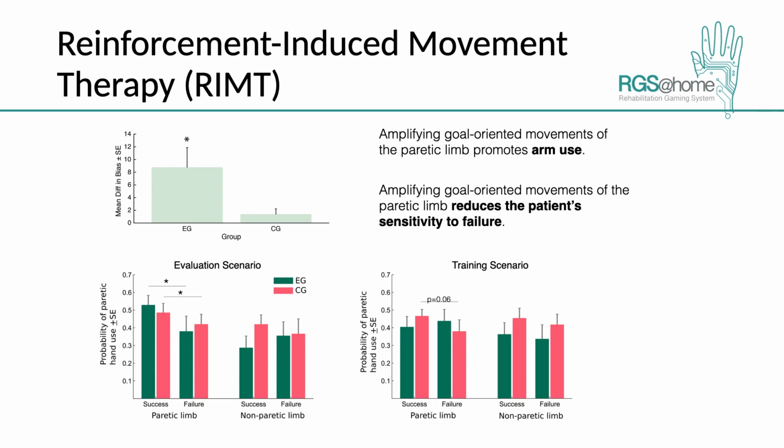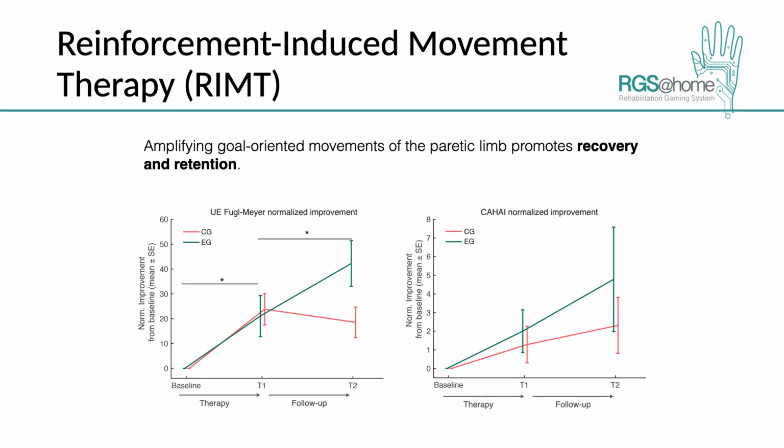Finally, we explored the effects of 6 weeks of therapy on clinical scales, on the recovery of motor function and impairment. At the level of impairment, we observe an improvement captured by the Fugl-Meyer scale, an improvement in the upper extremity that is significantly higher for the experimental group when compared to the control group during the follow-up.